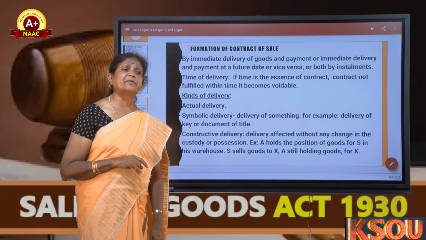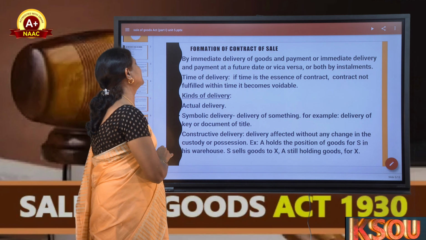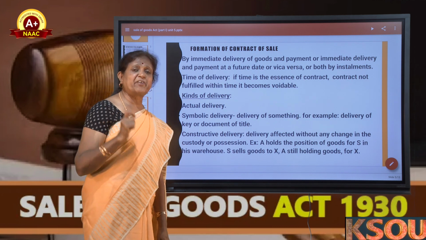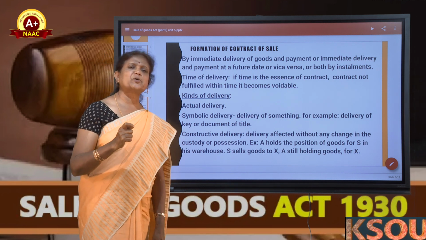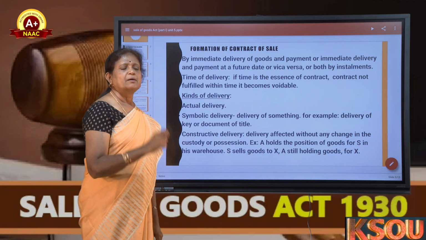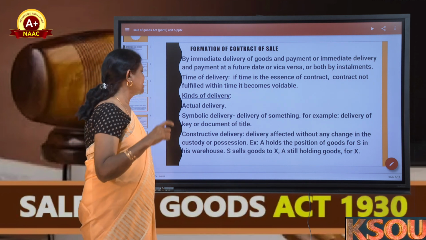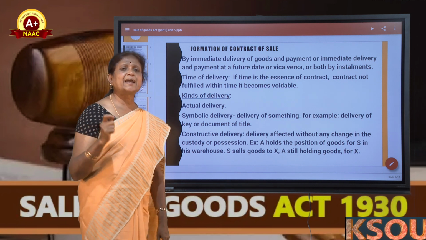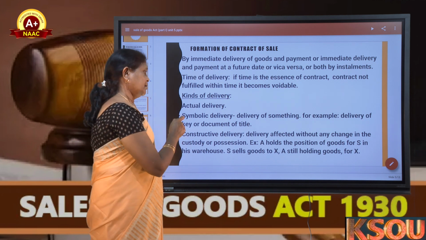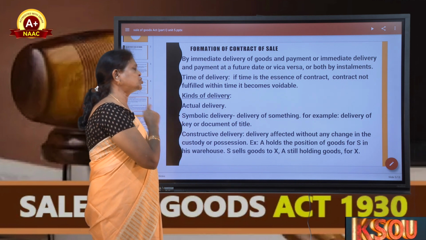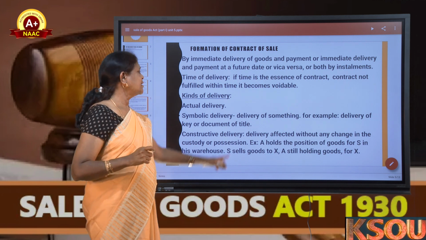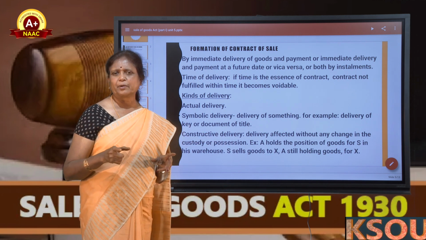And constructive delivery. In constructive delivery, without affecting any change in the possession of the property, transfer takes place from one person to another. For example, A is having a godown.